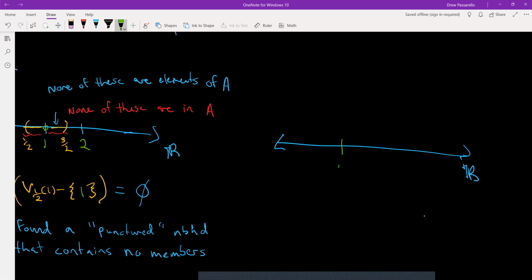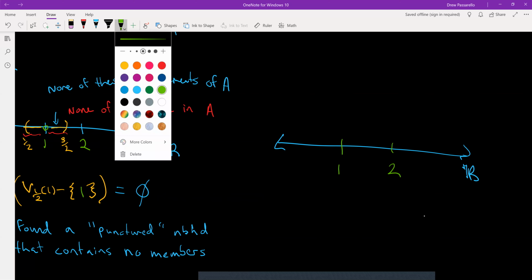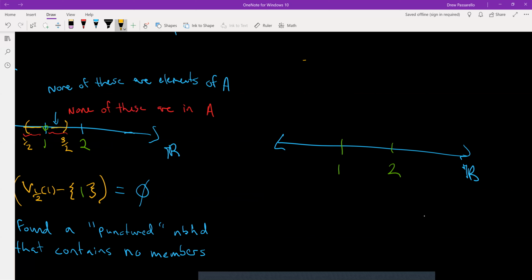so we have 1, 2. Let's focus on 2 this time. Let's choose the delta to be 1/2 again. And so the punctured neighborhood around 2 with a radius of 1/2 is going to be V subscript 1/2.